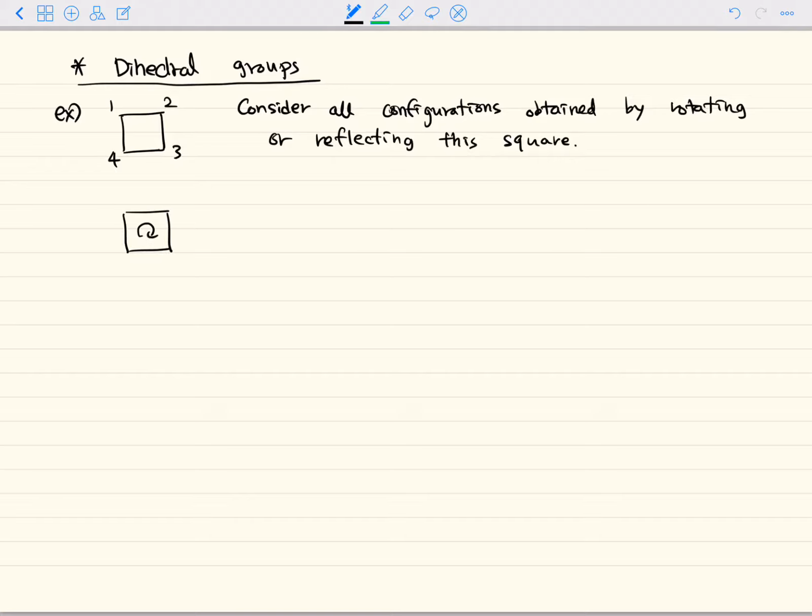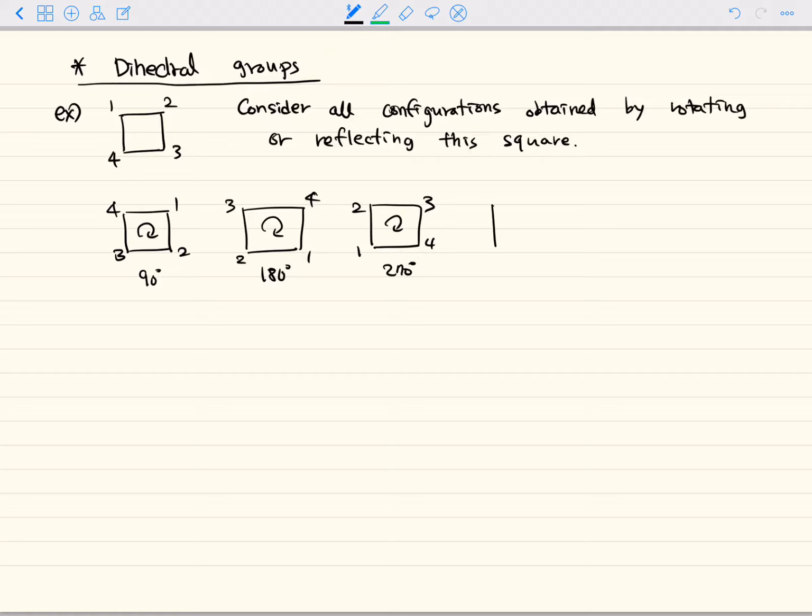One possibility is a 90-degree rotation, which gives 1, 2, 3, 4 like this, and a 180-degree rotation will give us the vertex labels like this, and 270, and 360, which is really the same as 0 rotation.